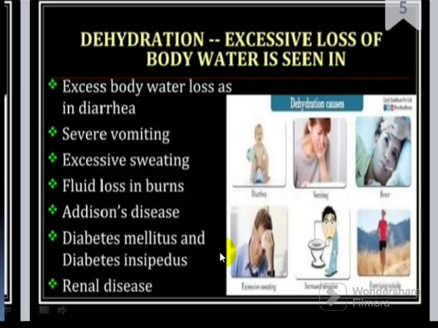Well, if you have excess water in circulation, that hormone, vasopressin, will not be secreted from your posterior pituitary gland, so that your kidney will be able to eliminate that excess water, bringing the water content to normal.